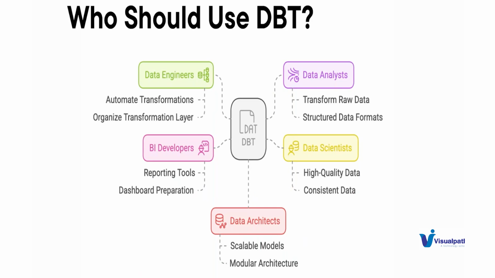Then data analysts, it's similar to data engineers, but the data engineer's role is to just give the data. Analysts basically define what data they need, what transformation can be used to get that specific data, and in what specific format the data would be required. Then data scientists basically come on top of this hierarchy, and they can use it for high quality or consistent data.